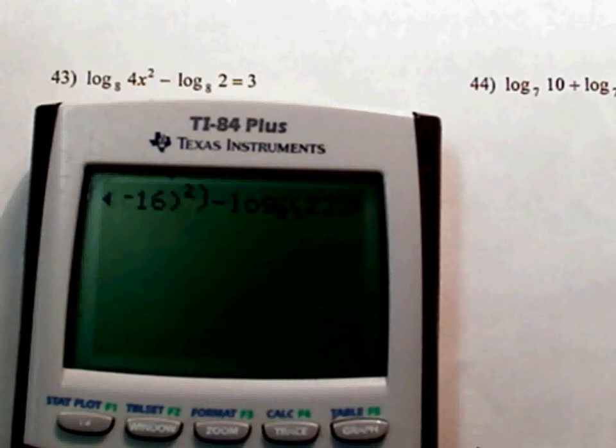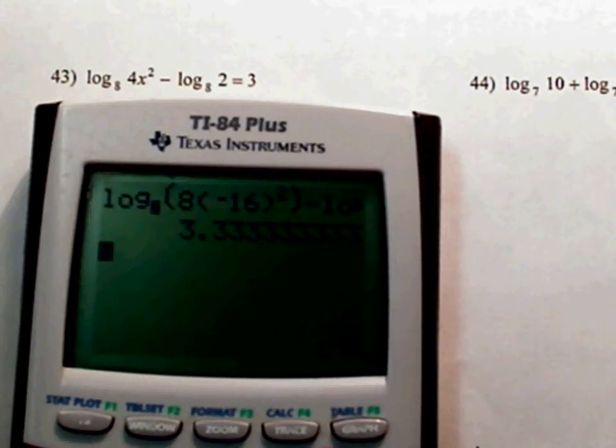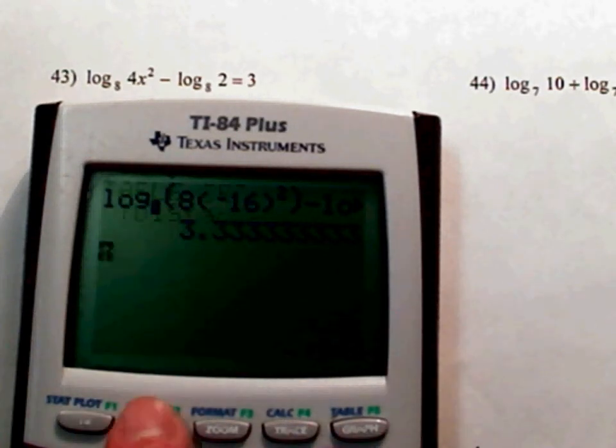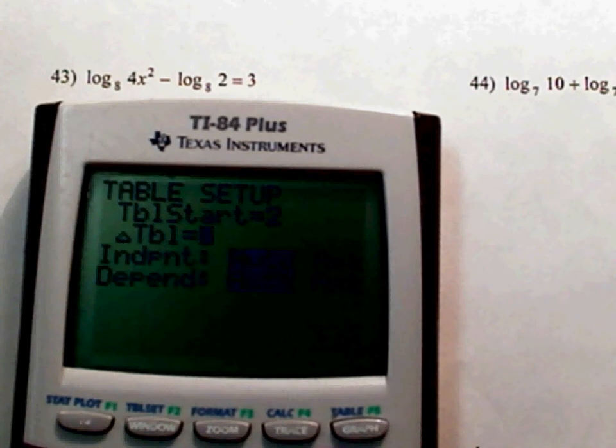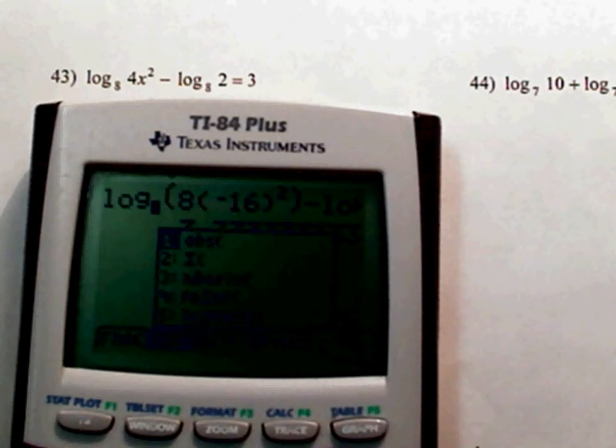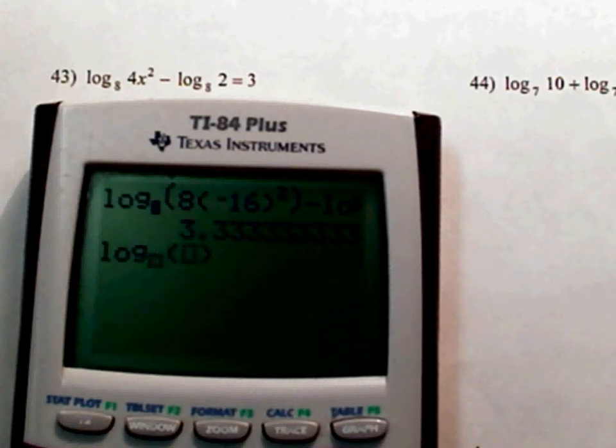Okay, I must have messed up somewhere. Let's check this again. Oh, that should have been a 4. My fault. Let's try this again. Alpha window, that's not it. Let me get out of that, please. Okay, alpha window, number 5. This should be 8, right click. That should be 4, parentheses, negative 16, in parentheses, square, right click.